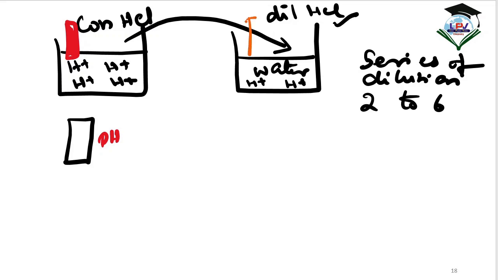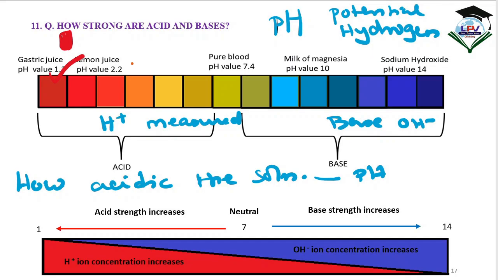I find the color as orange. Let me check what pH it is. The pH is 4. Now students, you should be able to prepare pH from 1 to 6 by dilution.